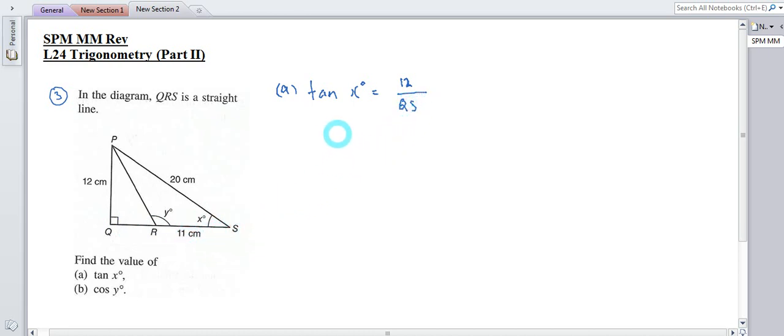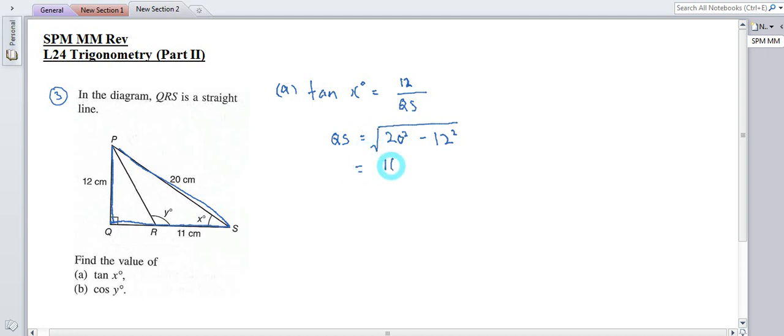No problem. If you want to find the QS, this is your right angle triangle, right? This is the longer side, hypotenuse, and these two sides are the shorter sides of a right angle triangle. You want to find the length of the shorter side of a right angle triangle, minus. So QS is actually equal to 20 squared minus 12 squared, square root.